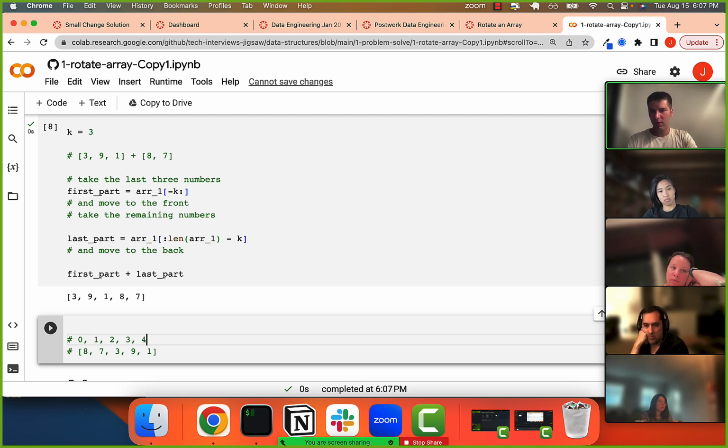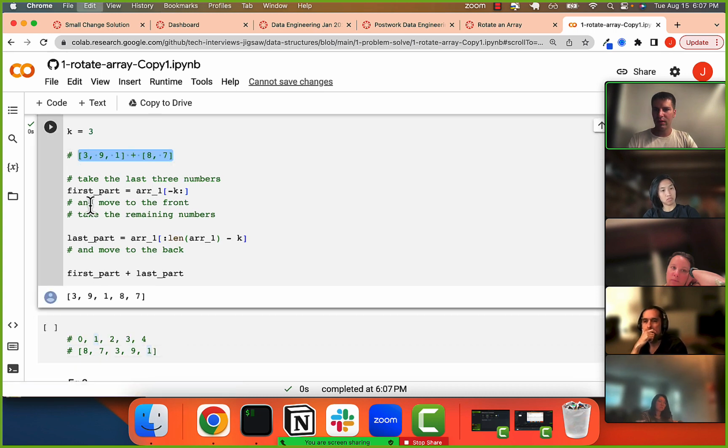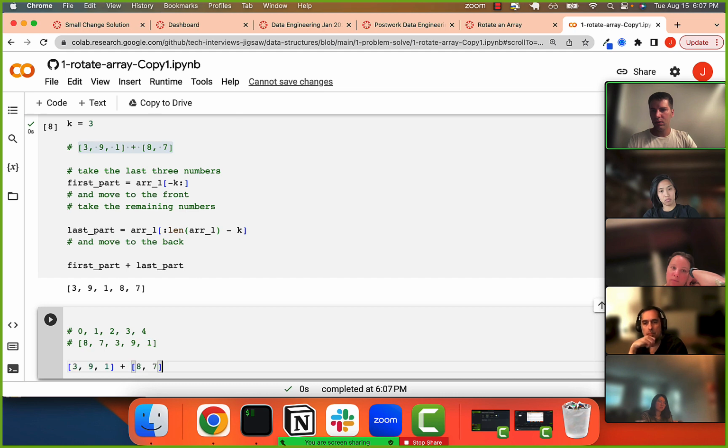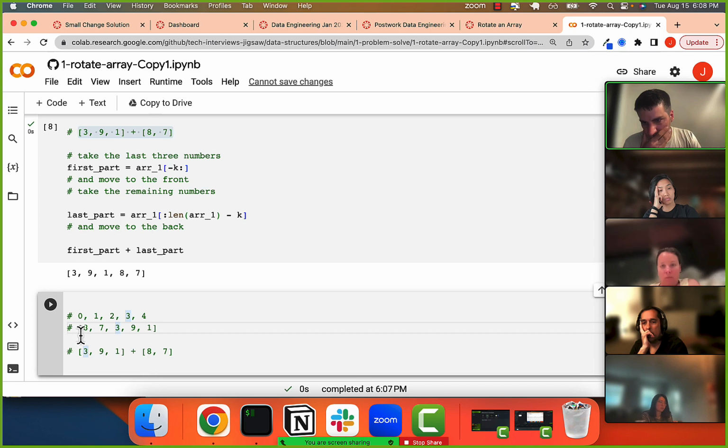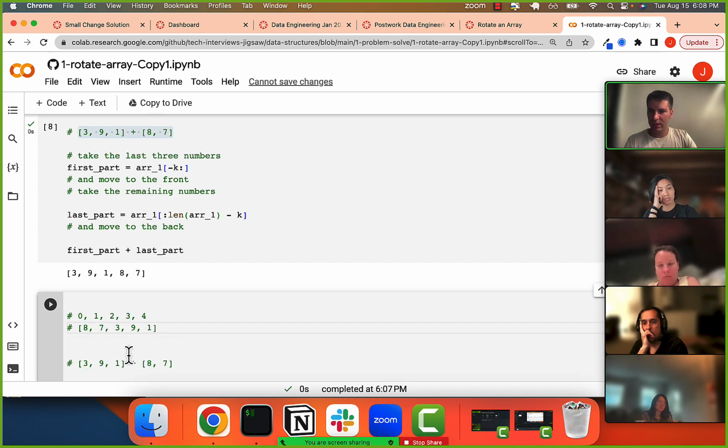2, 3, 4. So this is the original set of indices, and then this is where I go to. And so to get there, how did I do this? So this part, 8, 7, 3, the new index of this, k equals 3.